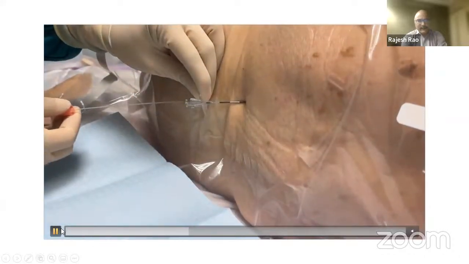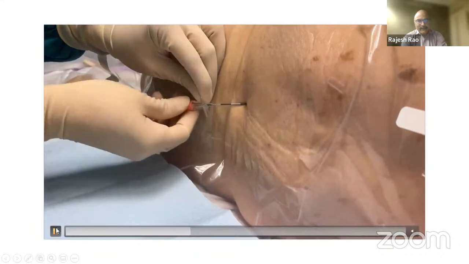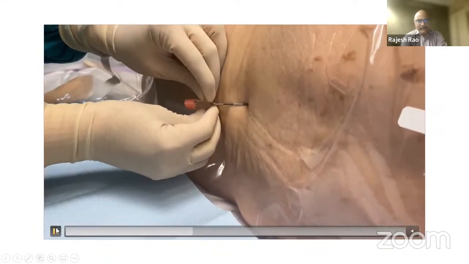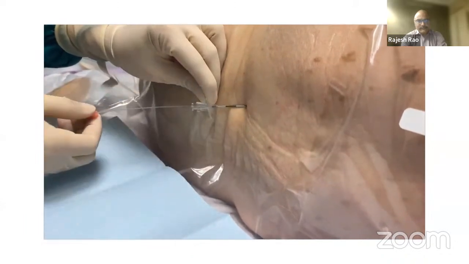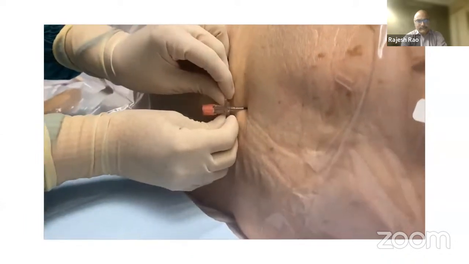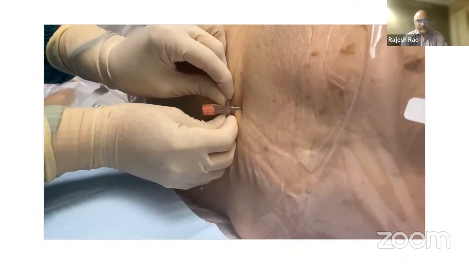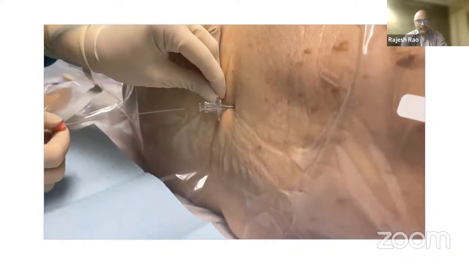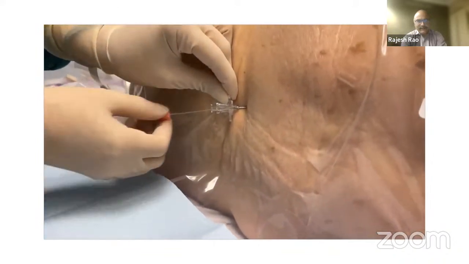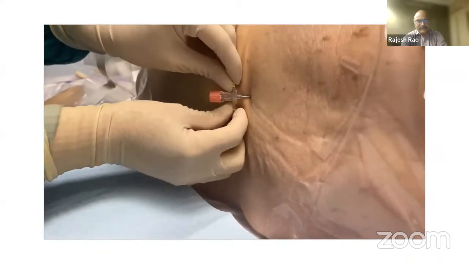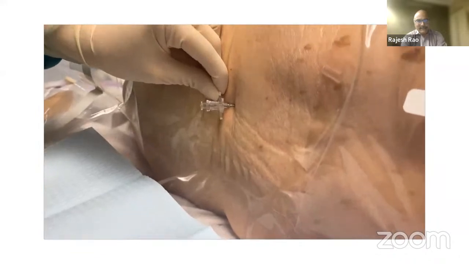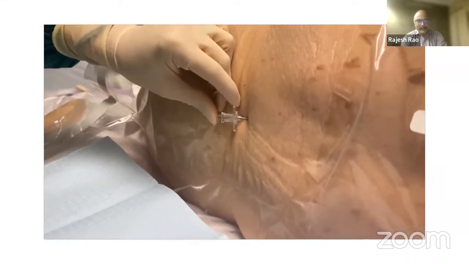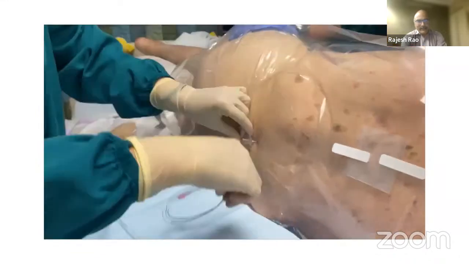This is just like a spinal needle, you go inside. The moment you get CSF, you put back the stylet or cover it with a thumb to minimize the CSF loss.